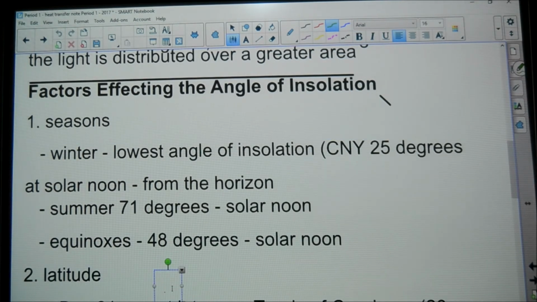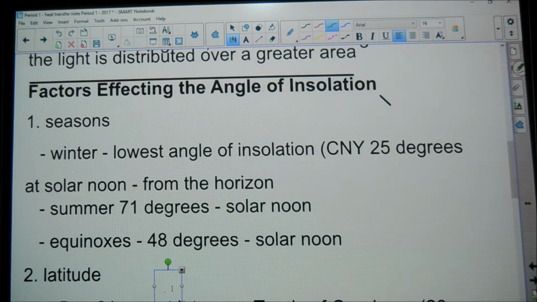So I'm looking at my angle. If I look at seasons, during the wintertime, we have our lowest angle of insolation. So that means we have our lowest intensity. Summertime, we have our highest angle. Now, it's not directly overhead of us. Remember, the only state that has the sun at zenith, Hawaii.